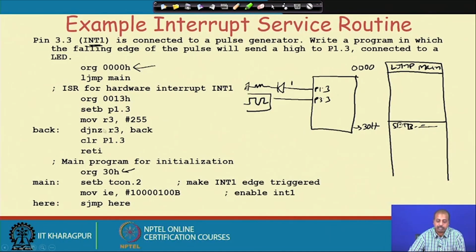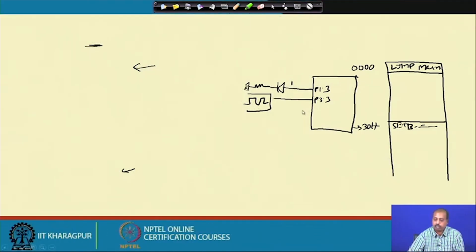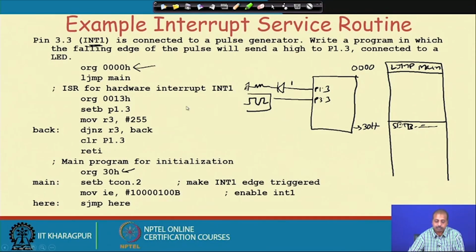So, this is my interrupt service routine. In the interrupt service routine, what will I do? I will be glowing this LED on, and then I will wait for some delay, and then I will be turning off the LED.